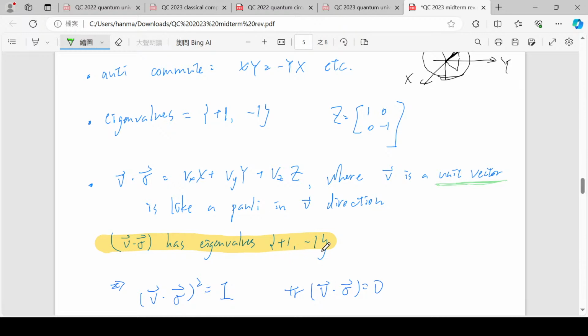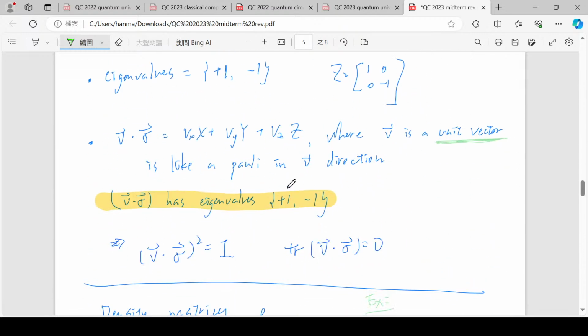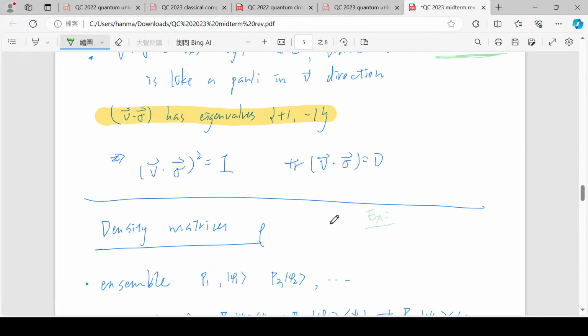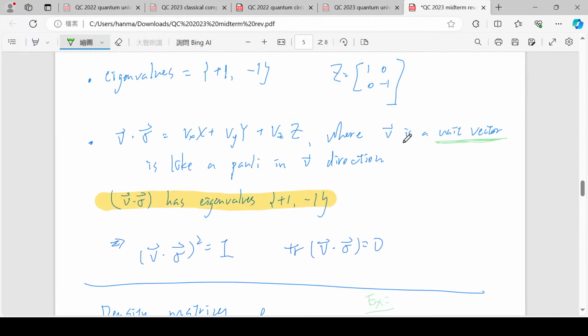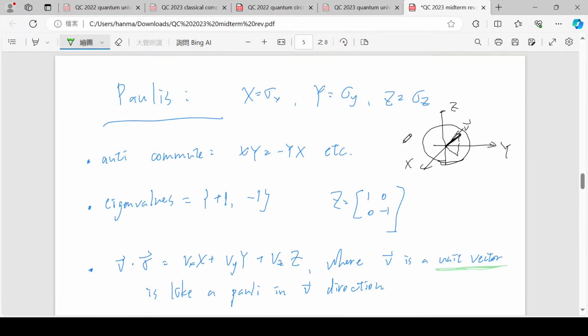It has eigenvalue plus 1 and minus 1, just like a Pauli. And from here, you can know a whole bunch of things, like the matrix squares to identity and the trace is 0, etc.